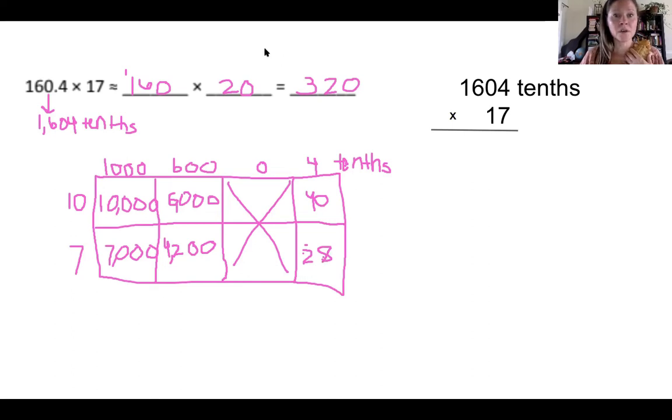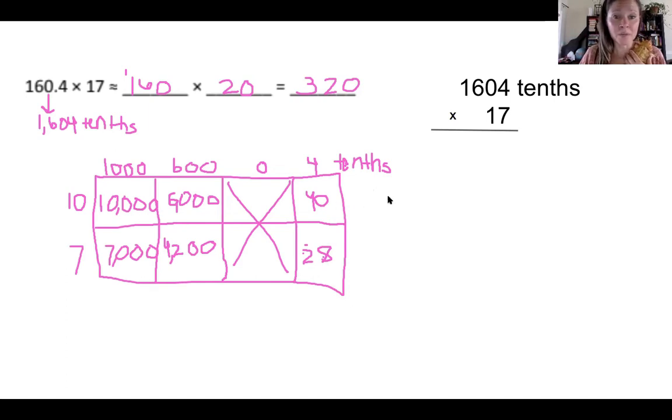Okay, so we have our area model filled in. So let's go ahead and add across the rows to get our, what are those called? The word is just not in my brain right now.